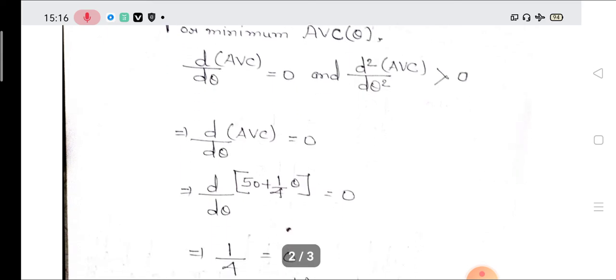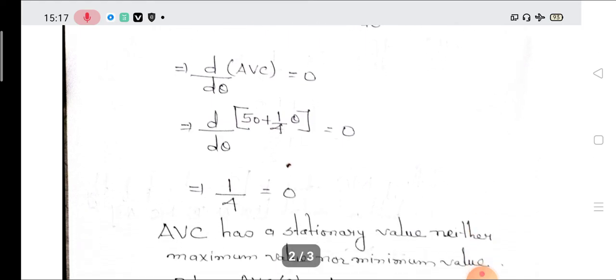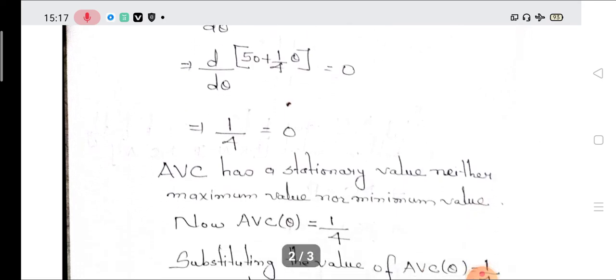But here, in the first order condition, when we take the derivative of AVC with respect to q, we get 1/4. It means AVC, average variable cost, has no stationary value, neither maximum nor minimum.